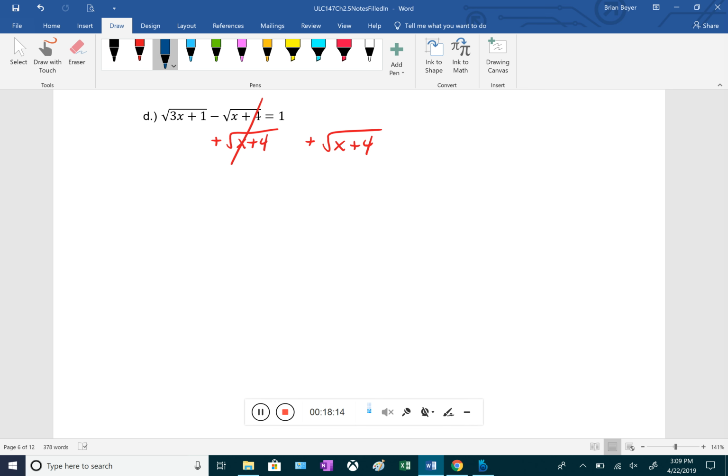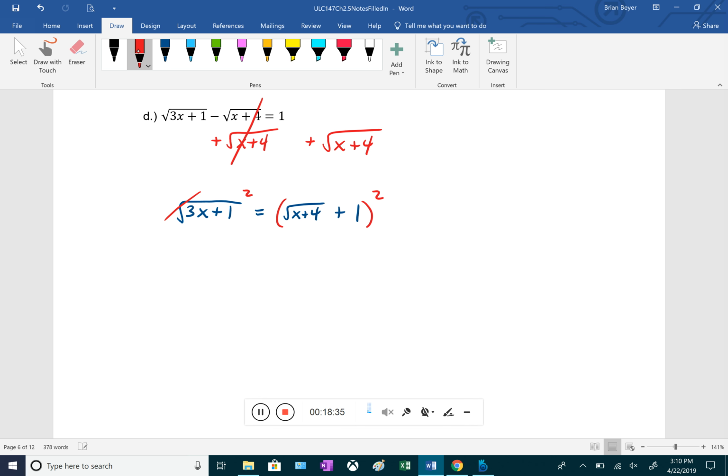And that's going to give us the square root of 3x plus 1 equals the square root of x plus 4 plus 1 on the right. So now, just like we did before, we have to square both sides. So we're going to square this side and we're going to square this whole side.